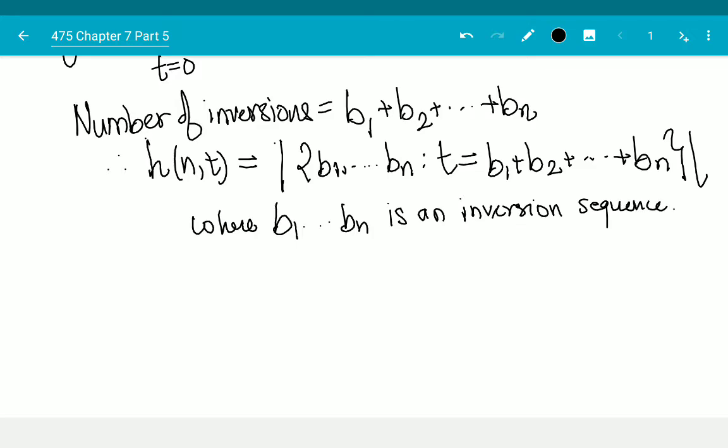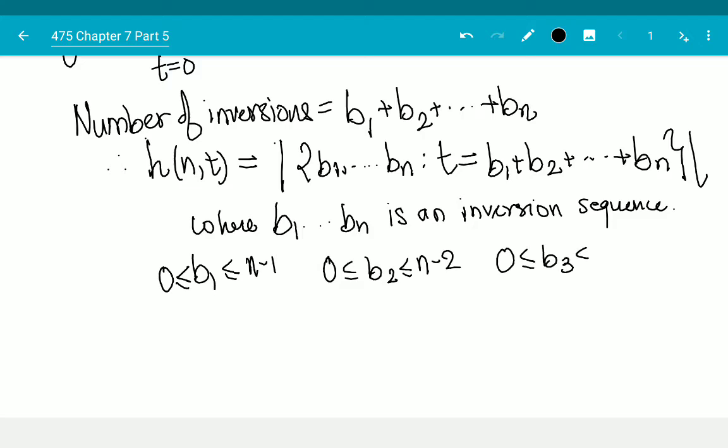And if you recall, if you go back through the notes, b1 is smaller than or equal to n minus 1, b2 is smaller than or equal to n minus 2, b3 is smaller than or equal to n minus 3, and so on.